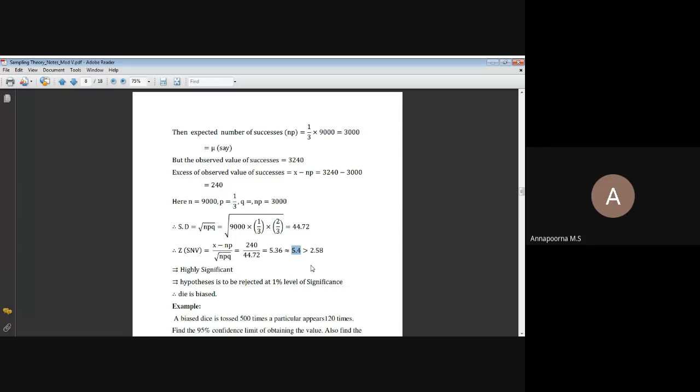So what is the conclusion? The difference between the observed and the expected value is highly significant. So we can reject the hypothesis at 1% level of significance, or with 99% confidence level. Therefore, the conclusion is the die is biased.